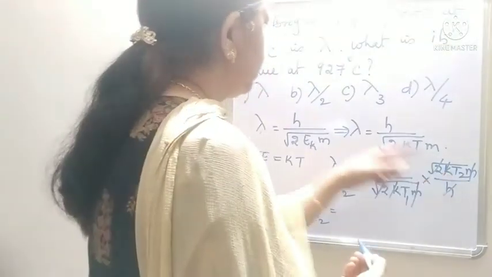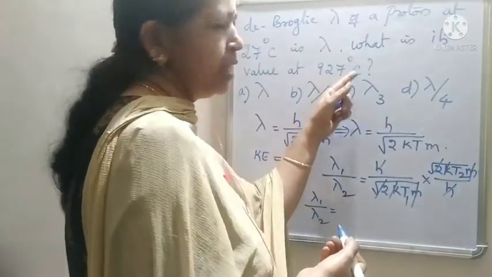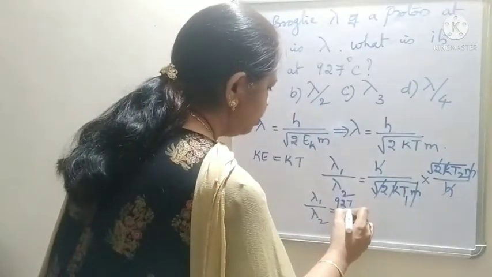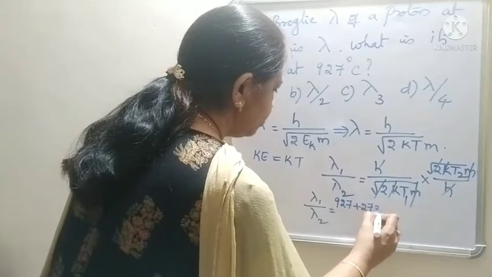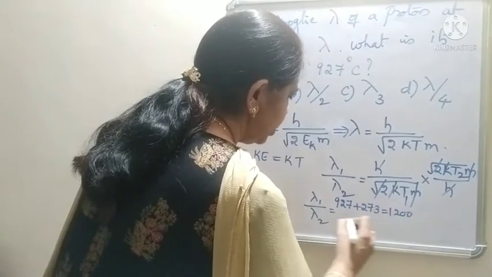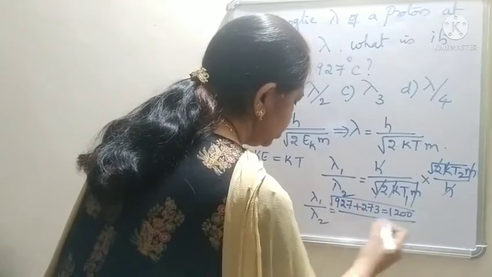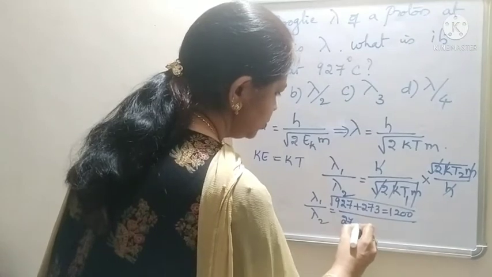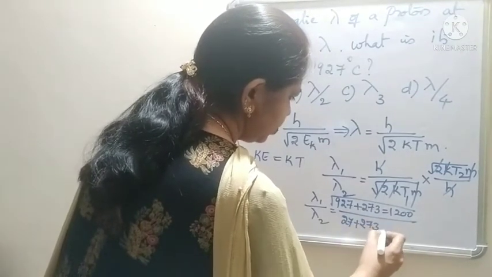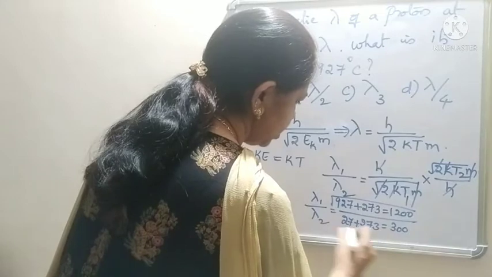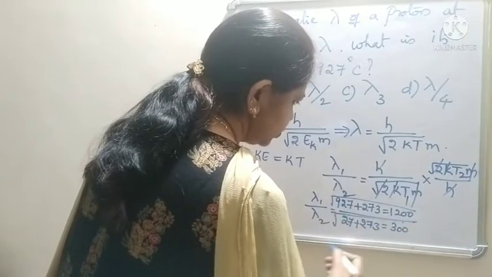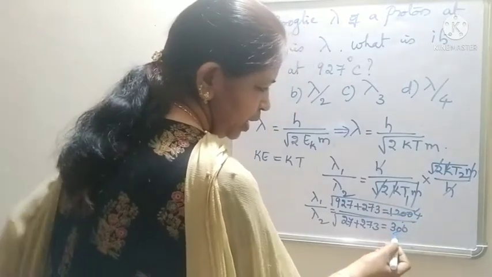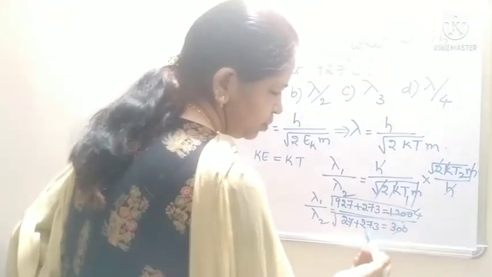What is the temperature? T2 is 927 degrees Celsius. It should be converted into Kelvin: 927 plus 273, which is 1200, under root, divided by 27 plus 273, which is 300, also under root. So, 1200 by 300 is 4.